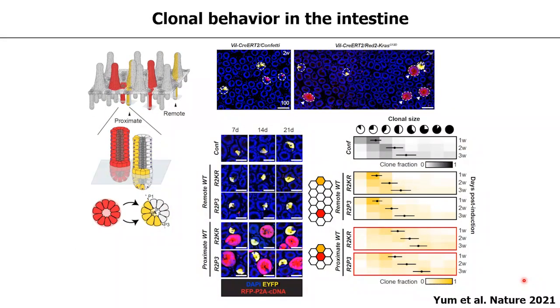However, my postdoc, Bon-Kyoung, has found something very interesting because he was looking at the red clone and yellow clones that are next to each other. So if we are looking at the yellow clone that are far away from the red, they of course behave very much like the original confetti allele because they just have a wild type behavior.